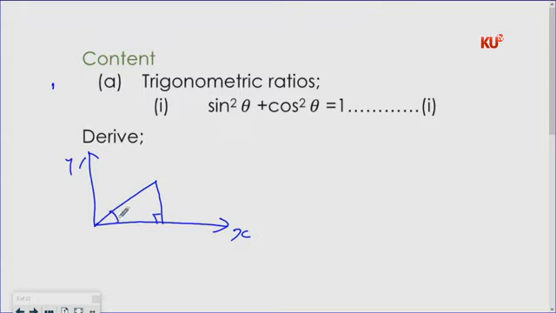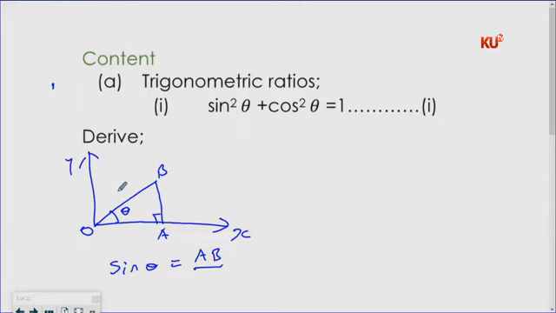We have angle theta. This is the origin. We have point A and we have point B. So in Form 2, you said sine theta is equal to the opposite side to this angle, which is AB, over hypotenuse.